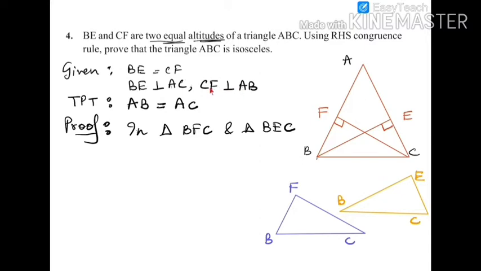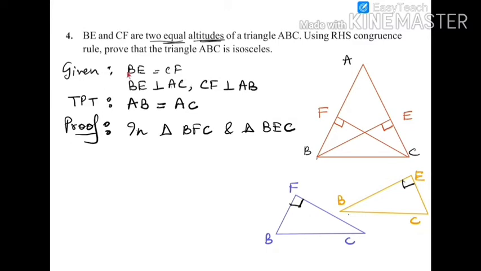Since CF is perpendicular to AB, CF will be perpendicular to BF. So this angle will be 90 degrees. Likewise, BE is perpendicular to AC, so it will be perpendicular to EC as well. So this angle will be 90 degrees.